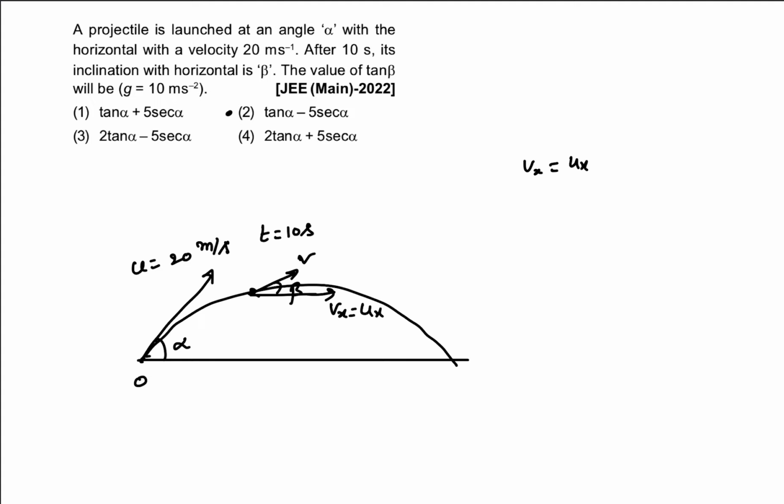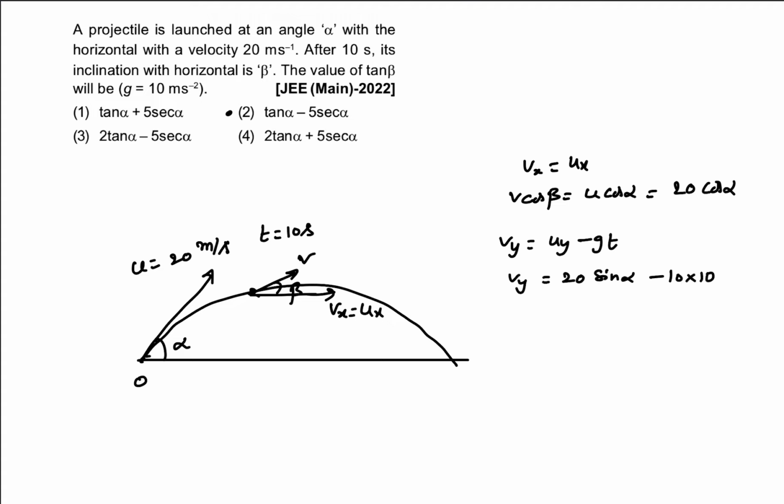Now I can write Vx is equal to Ux, nothing but V cos beta is equal to u cos alpha. That value is 20 cos alpha. First relation. Now vy value is equal to uy minus gt. I can write the vy value is 20 into sin alpha minus g is 10, t is 10. So we can write vy value is 20 sin alpha minus 100.